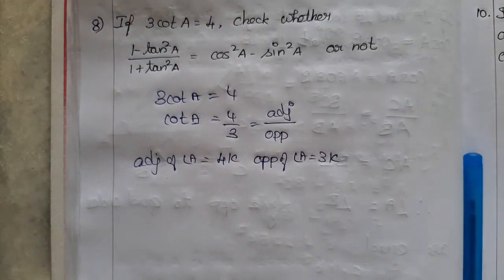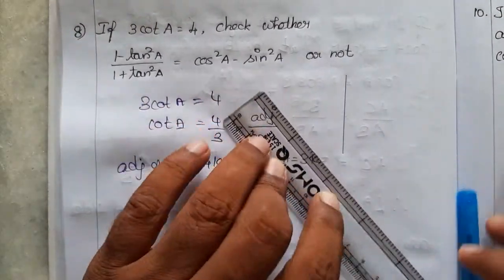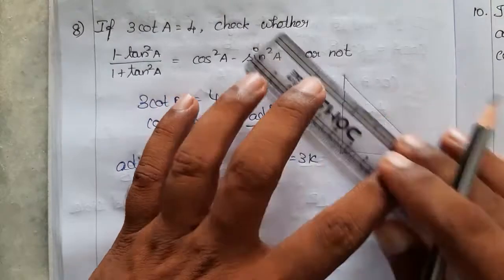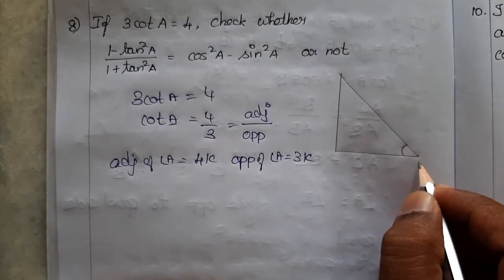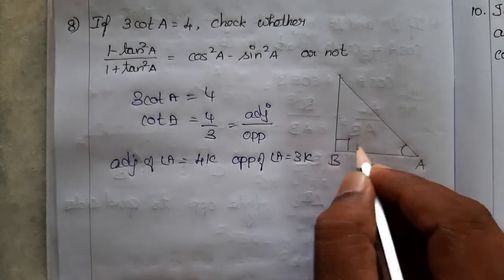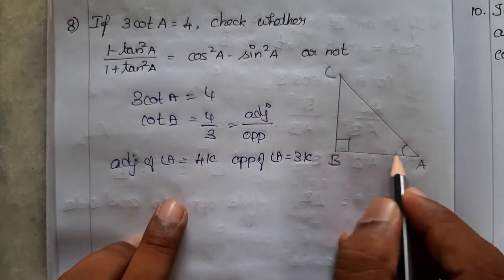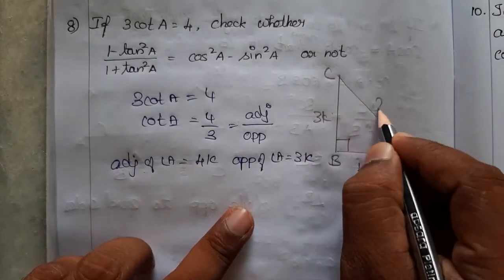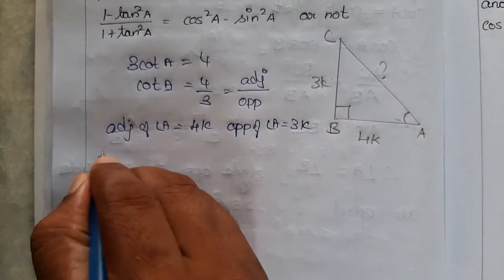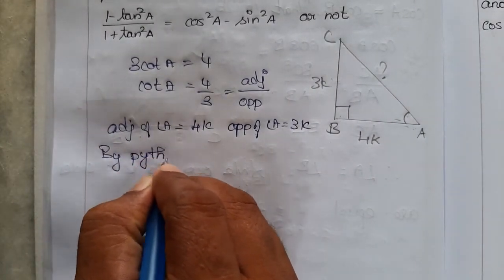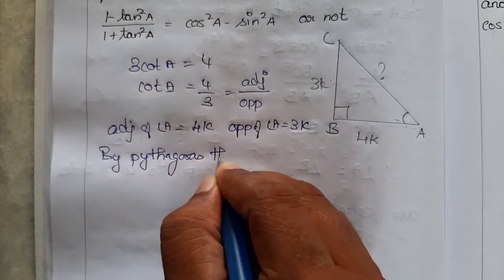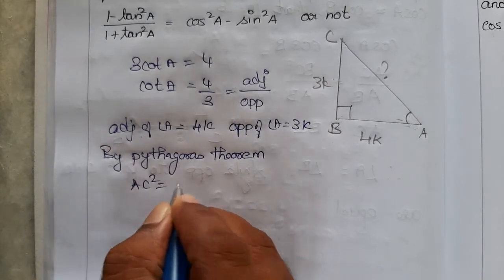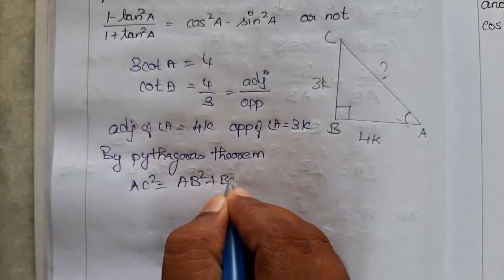So let me draw the figure and we will find the third side, which is missing. The acute angle we choose is A. So let me call this point A, and let B be the 90 degree angle, and C. So the side adjacent to A is 4k and the opposite side is 3k. We have to find this side. So by Pythagoras theorem, the hypotenuse side AC square is equal to AB square plus BC square.